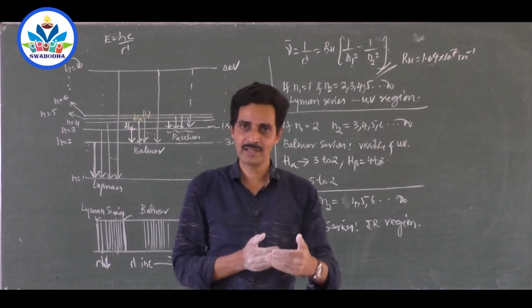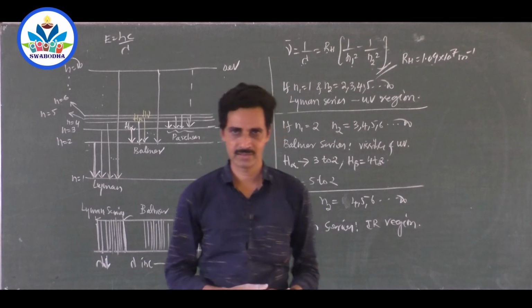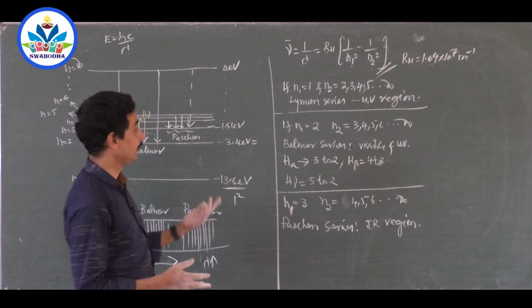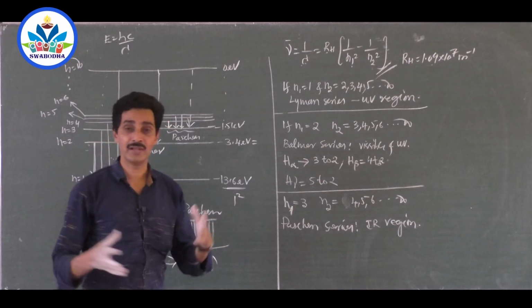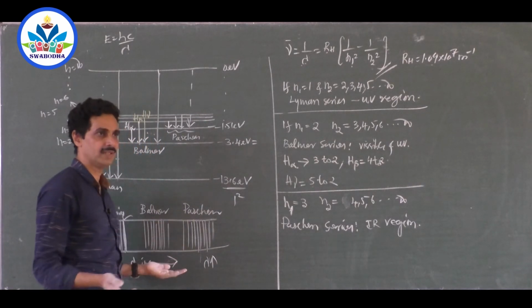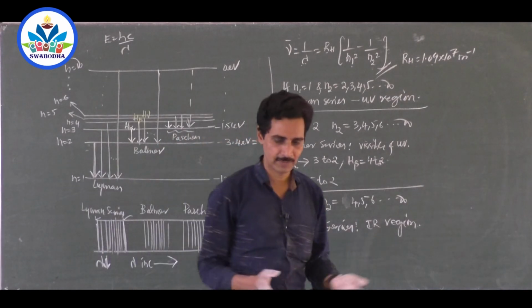That gave another boost to Bohr's theory, because Bohr's theory was accepted. So Bohr was able to explain the different spectral series of the hydrogen atom, which were found to be true, and the wavelengths calculated using the practical values and Bohr's formulas were found to be correct.